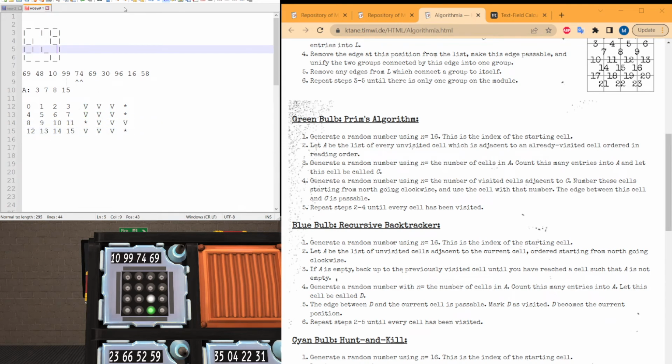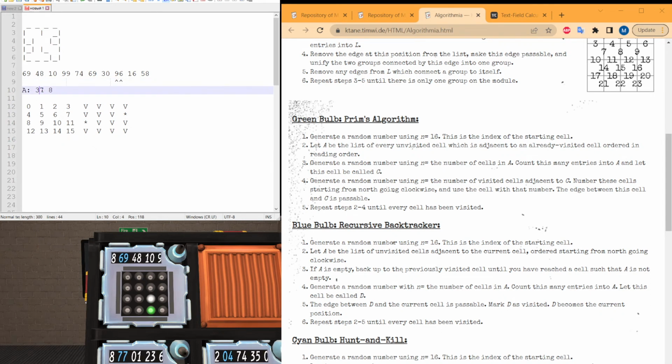So this wall. 69 mod 3 is 0, so we're taking a look at the third cell. It has only one adjacent visited cell, so we're removing this wall and moving the pointer.